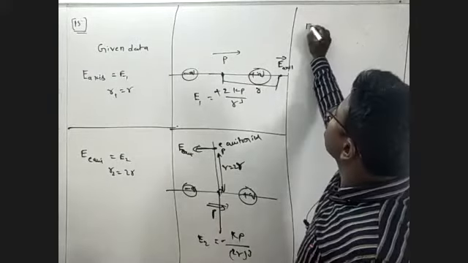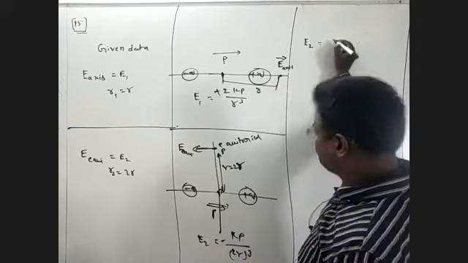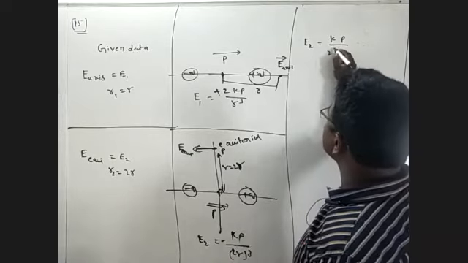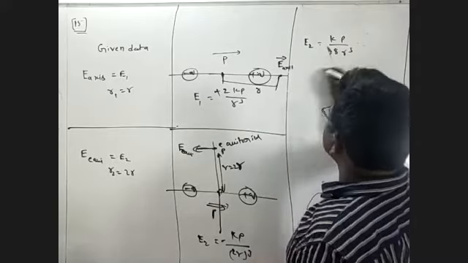This is E1, and E2 I'm going to simplify. So kp by (2R) whole cubed, 2 cubed means 8, that is 8 R cubed.